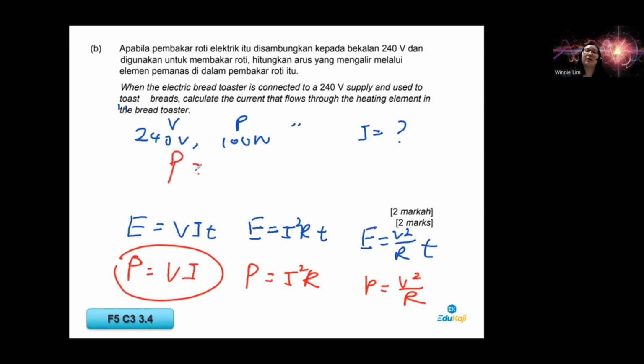I always tell students physics is very important. So I want to find I, P divided by V. Hence, you have 100 divided by 240, and you're supposed to get your answer of about 0.417 ampere. Okay, I must write the unit ampere. If they come out with this topic, they like to ask about these few formulas.